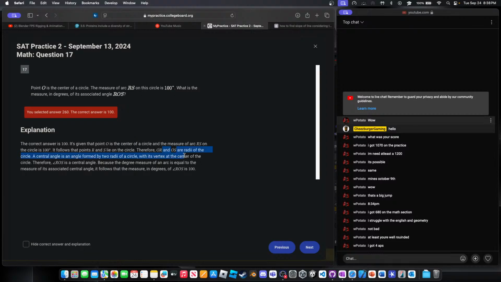Let's see, ROS, are they radii? Wait, what is the measure in degrees of its associated angle ROS? O is the center of the circle. The measure of arc RS on this circle is 100 degrees. What is the measure in degrees? I need to paint this out. Give me 1 second. Is it like a paint app or something? Because I can't really imagine this.